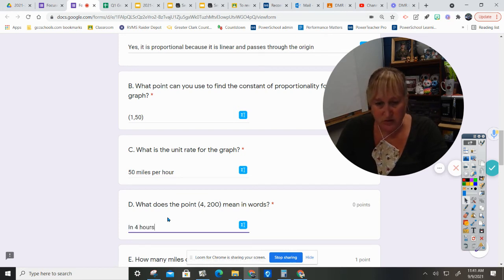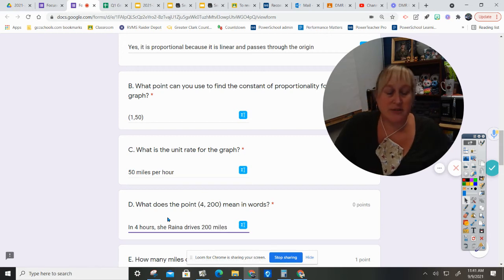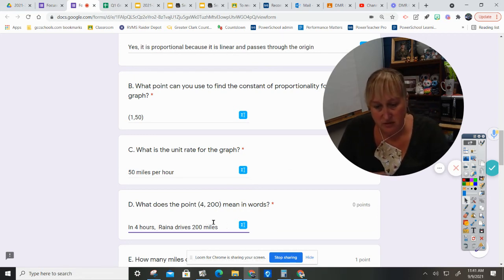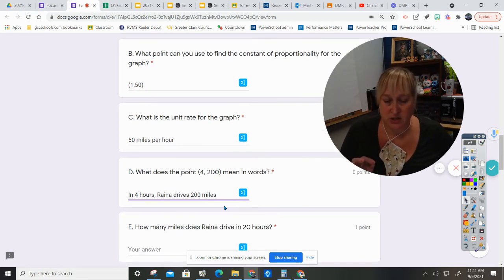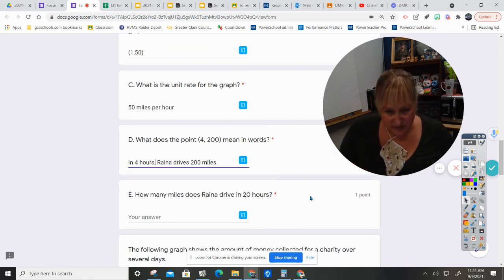In 4 hours, Raina drives 200 miles. If it's not perfect, it's not worth points, so it won't count wrong, but you want to do the best you can.